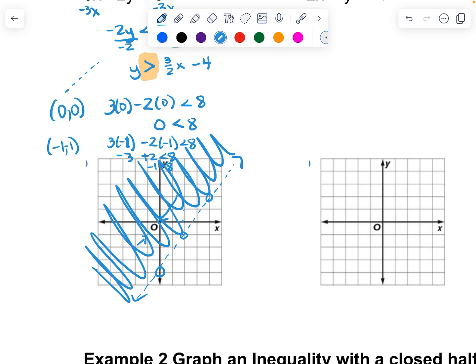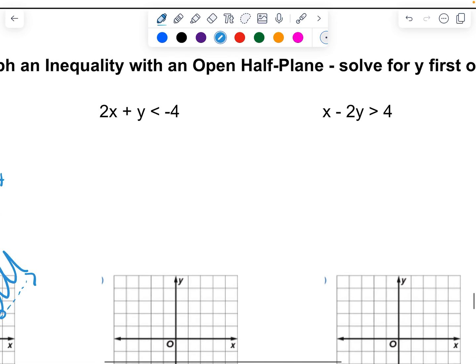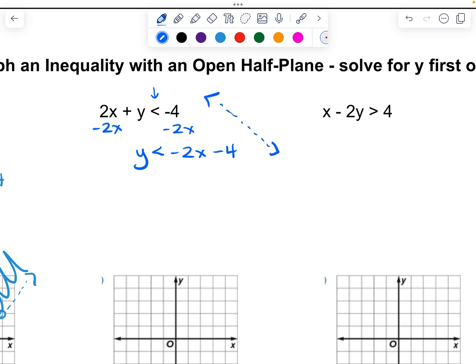Okay, so let's try it again. First things first, we're going to graph. This one says it's going to be a dotted line. So I'm going to subtract, and I get y is less than -2x minus 4. That's a negative slope. That's funny, they have the same y-intercept.